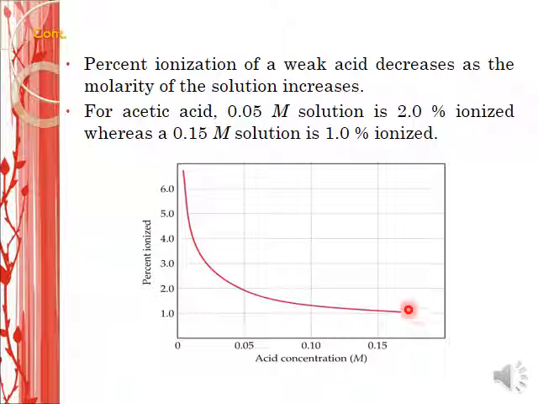For example, with acetic acid at 0.05 molar, 2% is ionized, but at a higher concentration of 0.15 molar, only 1% of the acetic acid is ionized in solution.